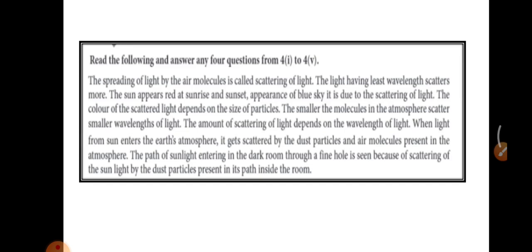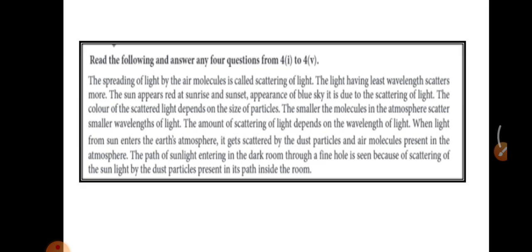The sun appears red at sunrise and sunset. Appearance of blue sky, it is due to the scattering of light. The color of the scattered light depends on the size of the particles. The smaller the molecules in the atmosphere scatter smaller wavelength of light.